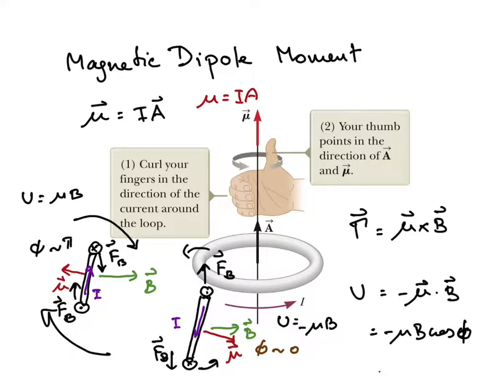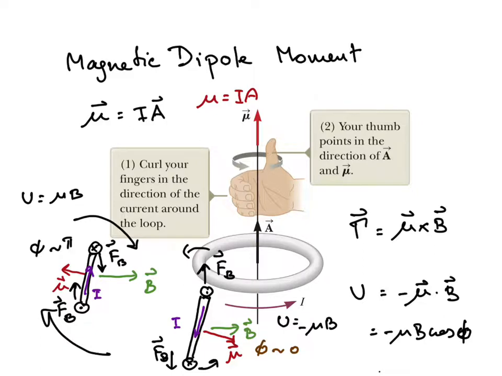And from this, when the torque tries to rotate the loop, we can apply that to the electric motor. Okay. In this definition, we define the magnetic dipole for a single current loop.